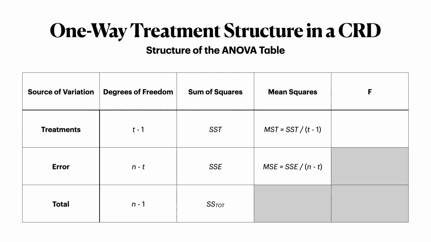The mean squares error is defined to be the sum of squares for error divided by its degrees of freedom, or N minus T. And then finally, in the F column, for this particular model, we only have one F statistic. And you'll recall that in an analysis of variance like this, the F statistic is equal to the ratio of the mean square for treatments to the mean squared error.